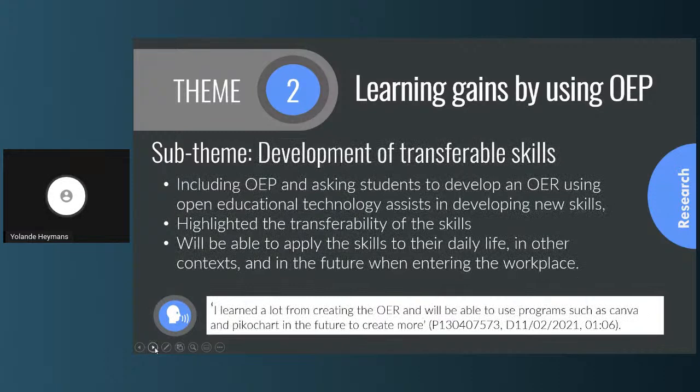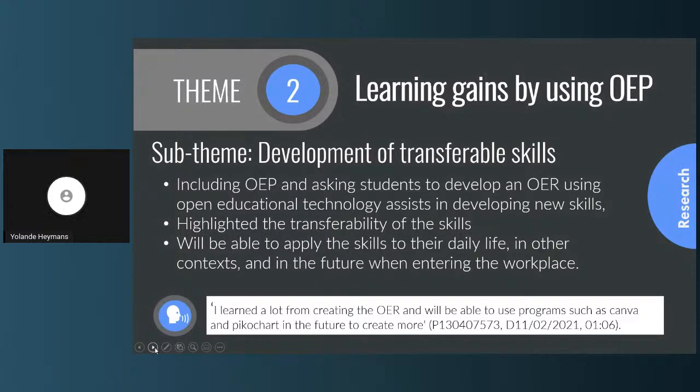The second sub-theme that emerged in Theme 2 was the development of transferable skills. The students here said that including open educational practices, by asking students to develop an open educational resource using open educational technology, assisted in the development of new skills, something that the other modules weren't doing.